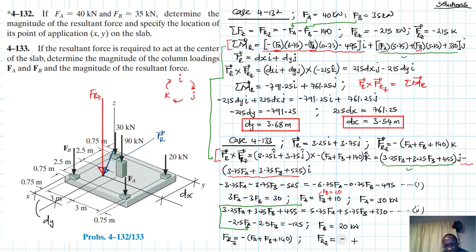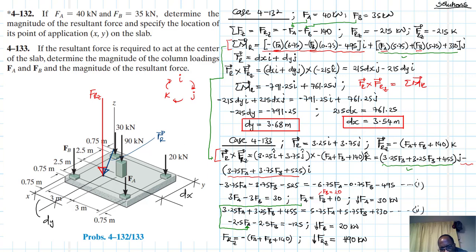So minus 190, or we can just write 190 like so, 190 kilonewtons, and then just say it is facing down like so, and so are all these, they are all facing down. Okay, so let's circle them.